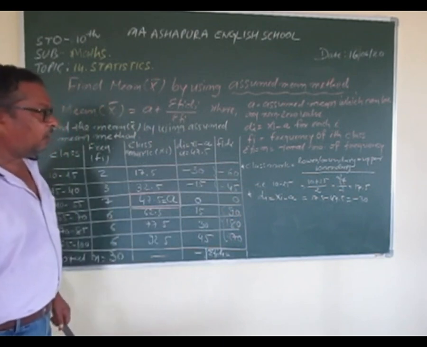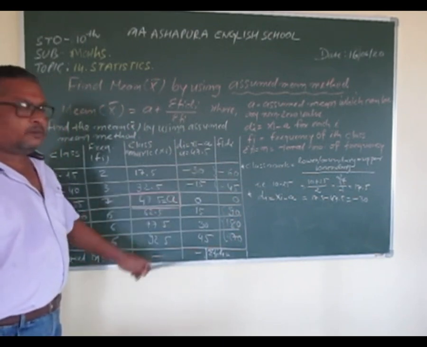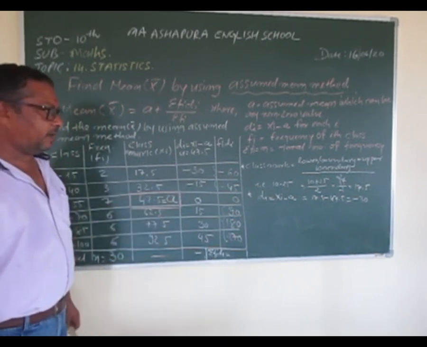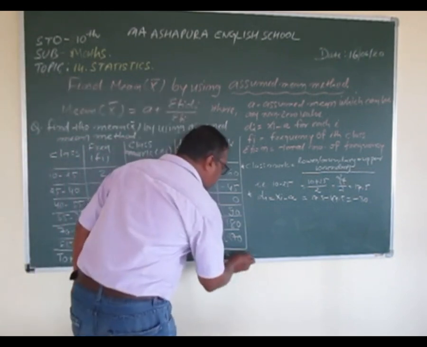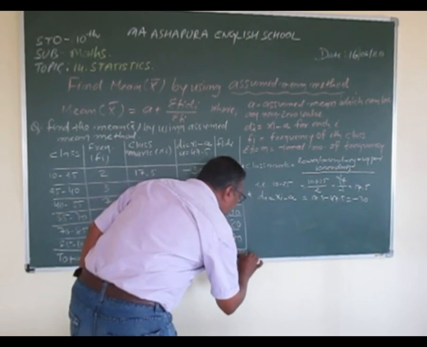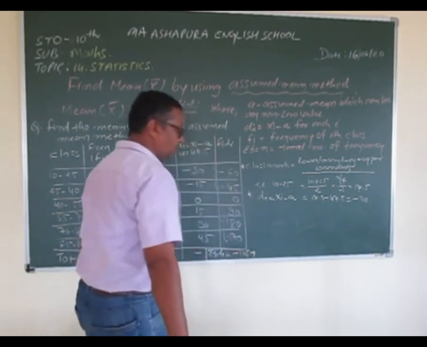So first of all we find the sum of the negative integers, minus 60 plus minus 45, we get minus 105.